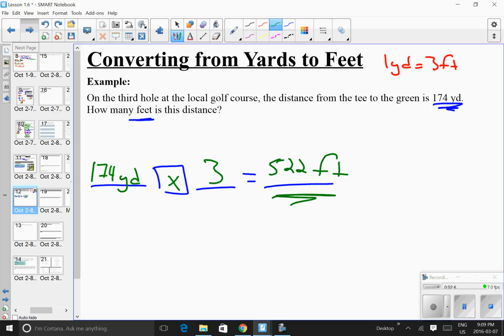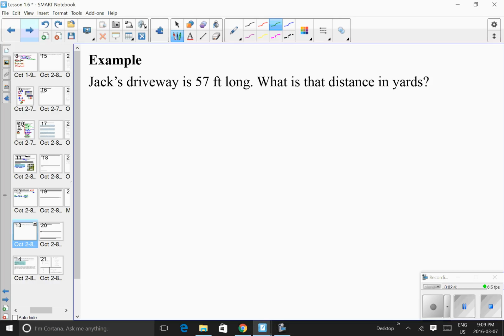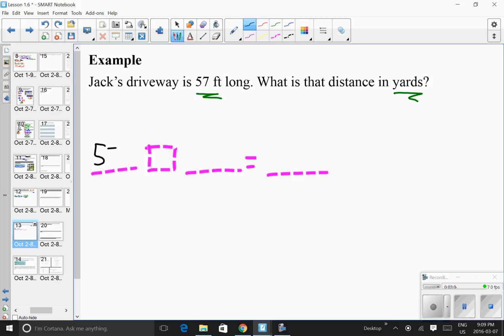Okay, let's do one more example. Jack's driveway is 57 feet long. I want to change that distance into yards. So again, straight up converting question. Oh, look at that fancy pink dotted line pen for my skeleton equation. All right, so the first number is from my question, 57 feet. And I want to change that into yards.